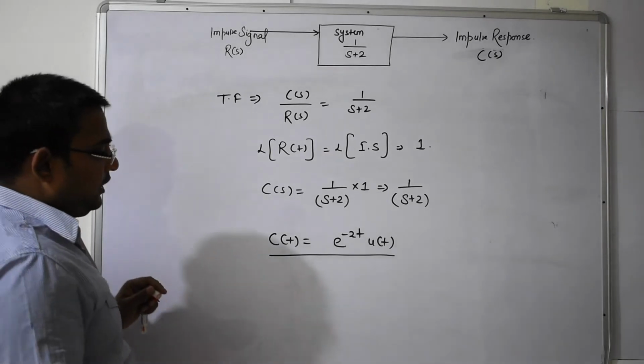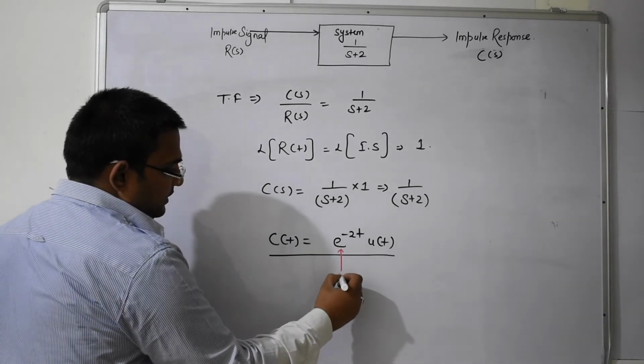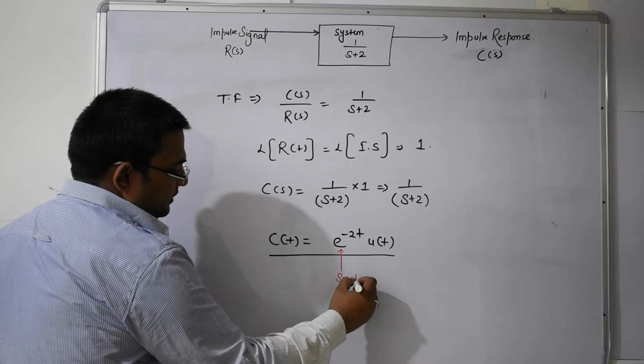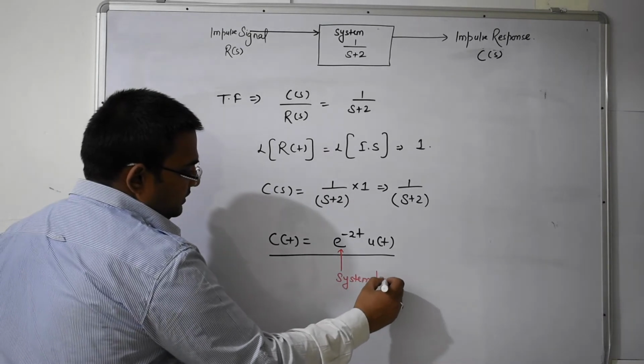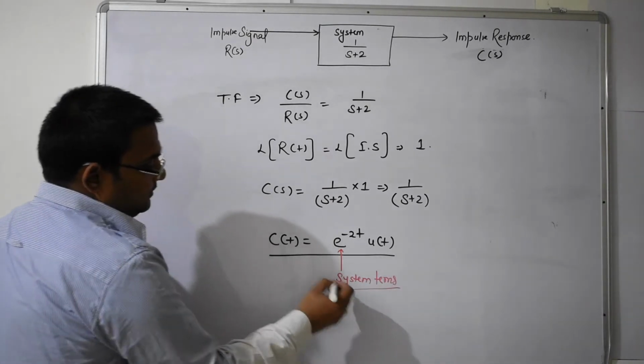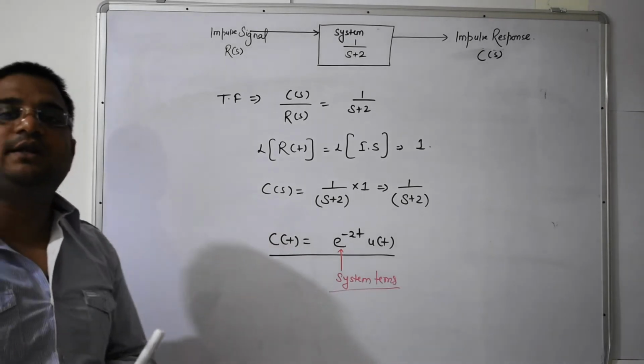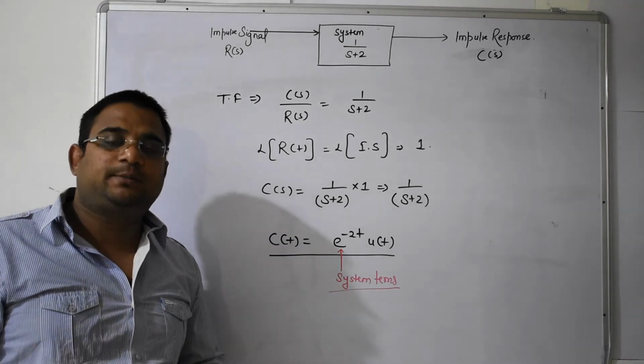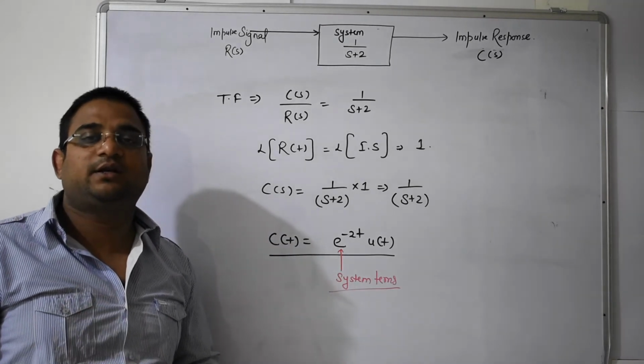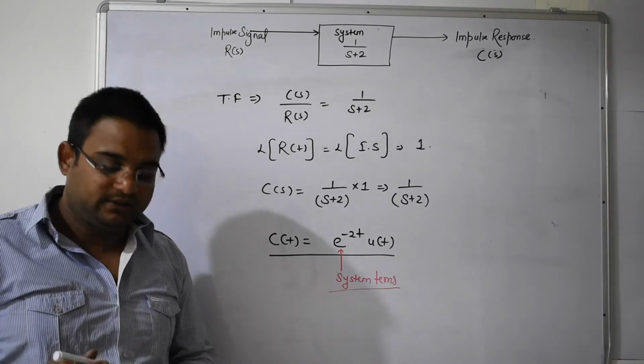See, the output contains only system terms. So we can say that the impulse response represents the system characteristic or the behavior of the system.